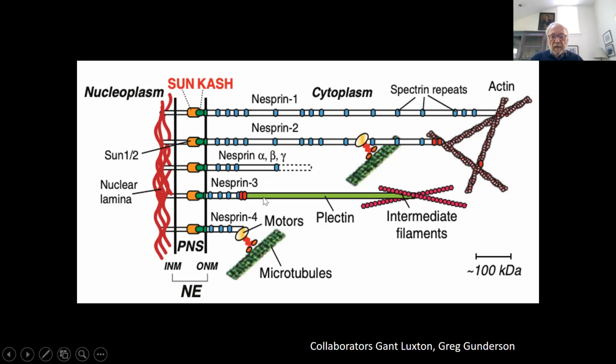And this we're doing in collaboration with Gant Luxton and Greg Gundersen, who are at Columbia University. And this is being done by Amir right now, and the preliminary results are quite intriguing. We're looking at nesprins and also the SUN domain proteins, which of course link between pores and between the nuclear surface and chromatin.